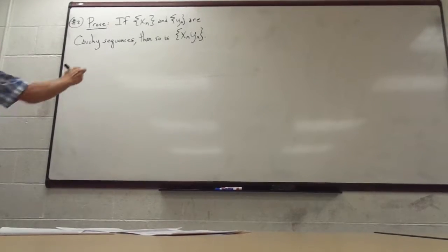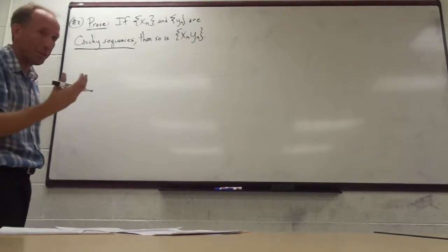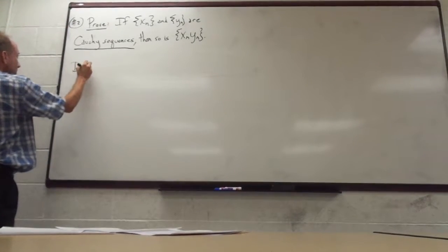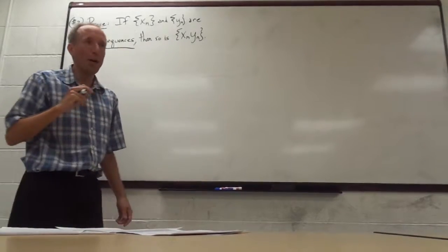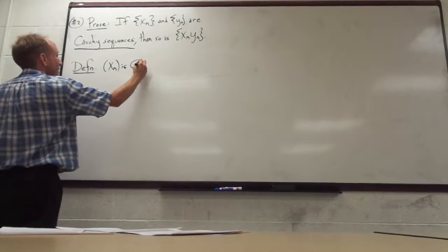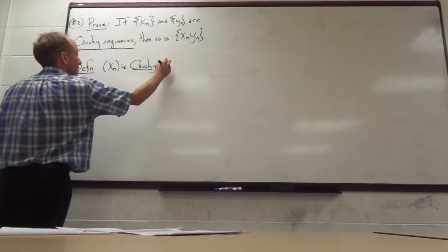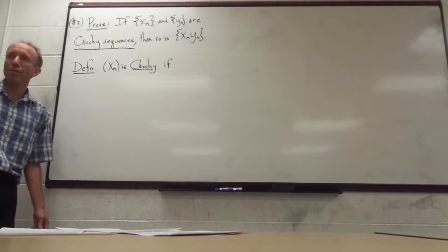So with that in mind, let's write down the definition of a Cauchy sequence first, so that we get that down. These kind of things are probably on those flashcards somewhere. So xn is Cauchy if, who knows the definition already?